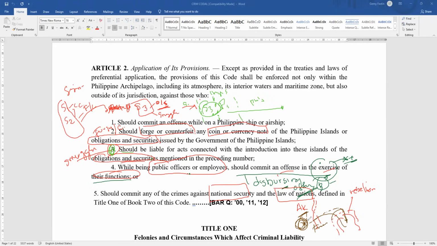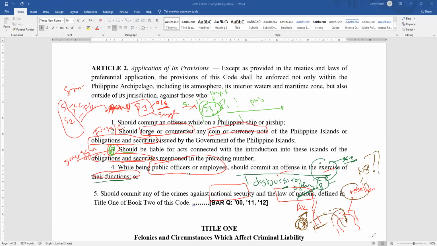Common answer: yes, sir, because rebellion is a crime against national security. The question is, is that correct? Because if it's not a crime against national security and the law of nations, then we apply the general rule. What is that?